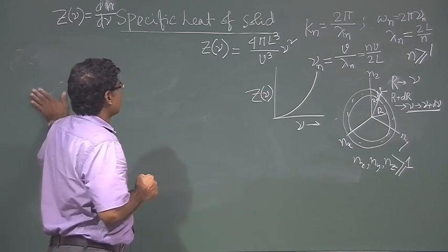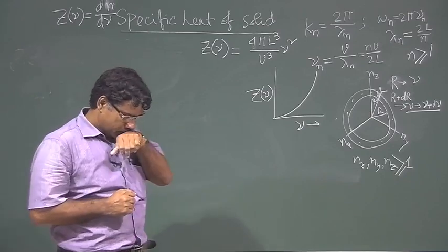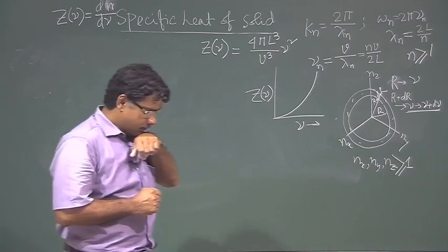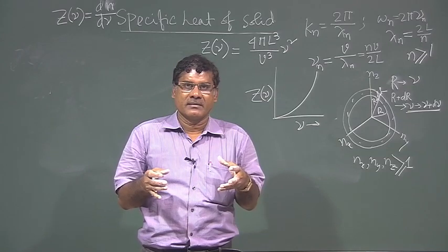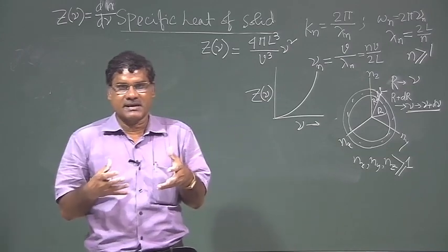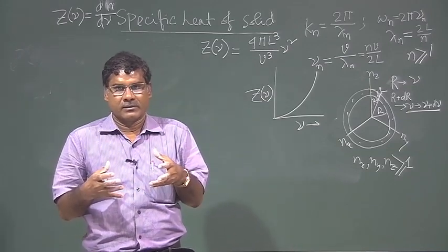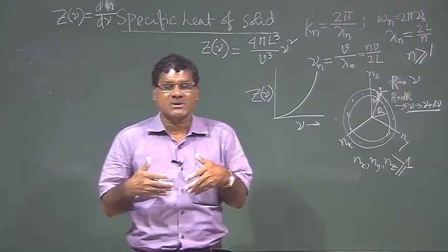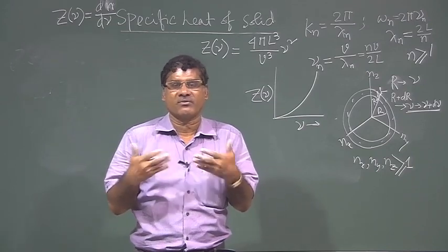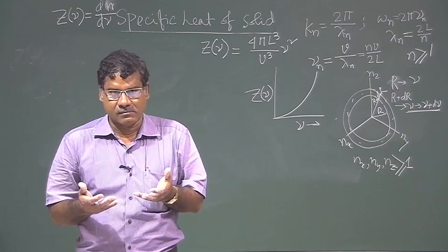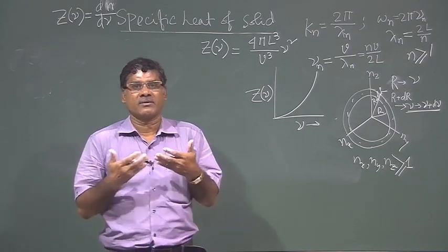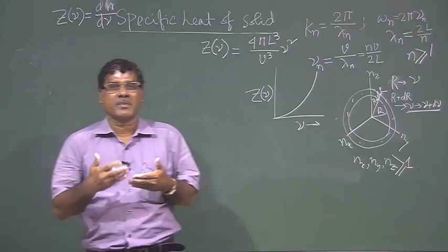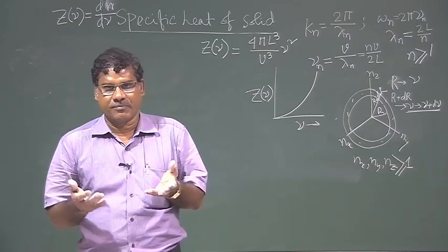Now what do I want to do? This is my system, the solid system, which I have expressed in terms of modes of vibration. I know the density of modes as a function of frequency nu, right.